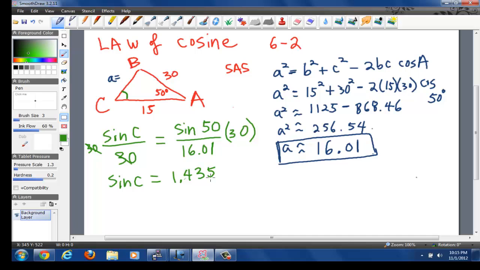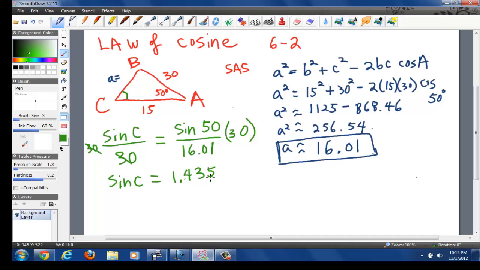So let's try it again: sine of 50 divided by 16.01 multiplied by 30 is 1.43. I'm getting an error, so it means I did something wrong with the A value.